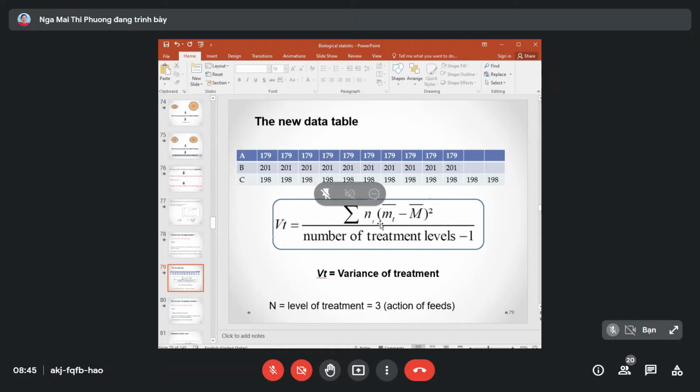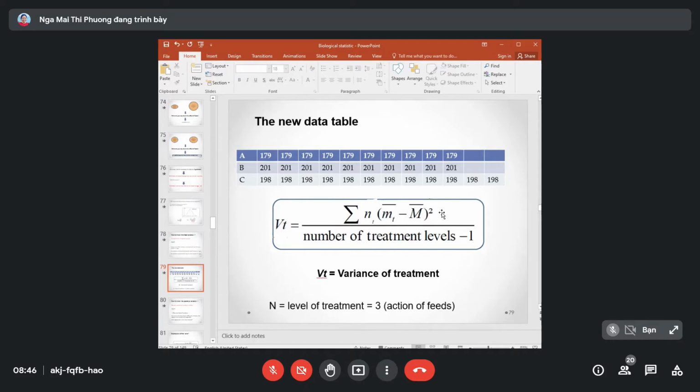Multiply by small mean T minus big M. Big M you calculated before already. What is small mT here? Small m will be the mean of A, mean of B, and mean of C. You can calculate it easily, right?